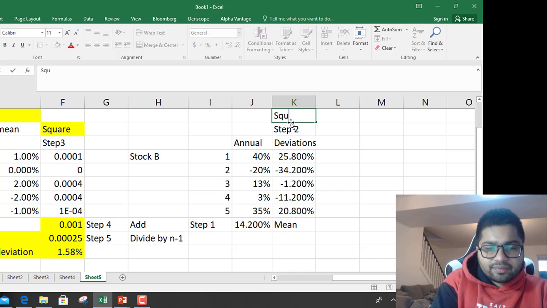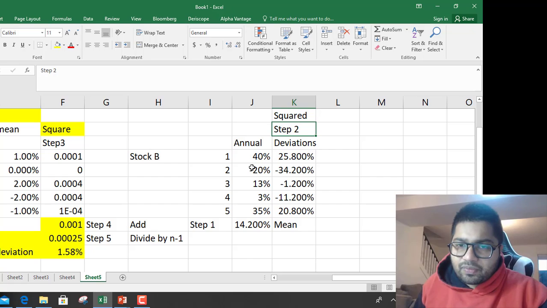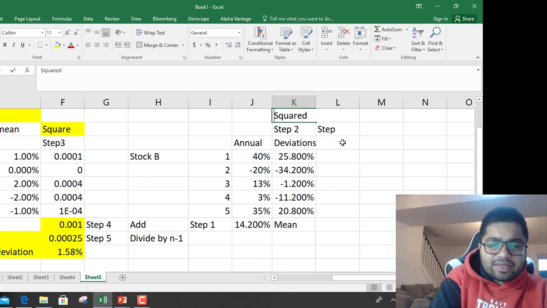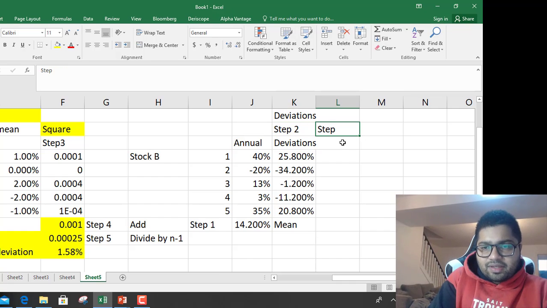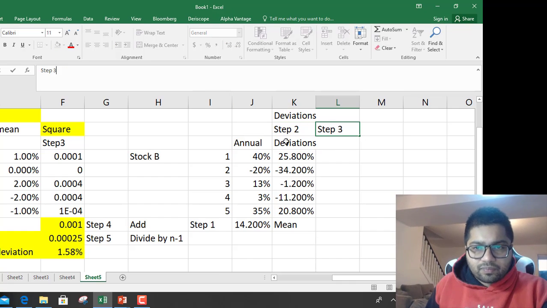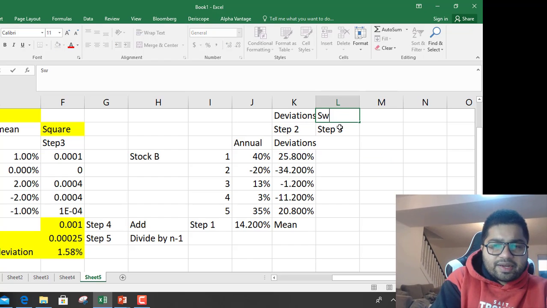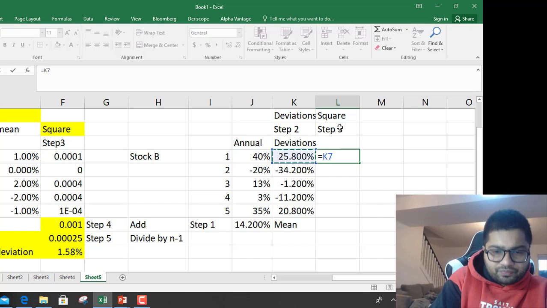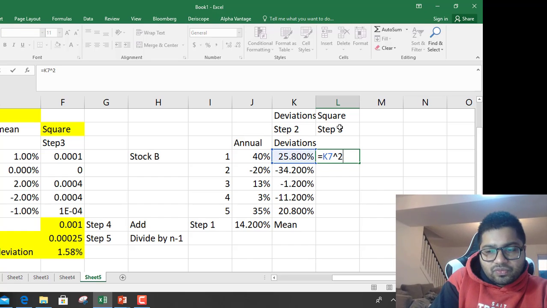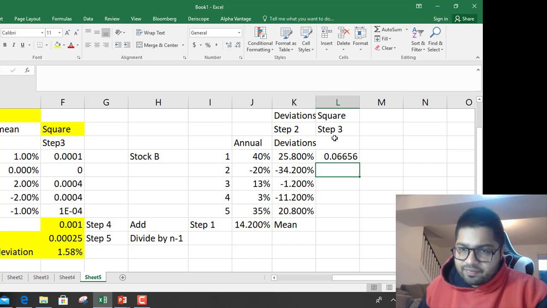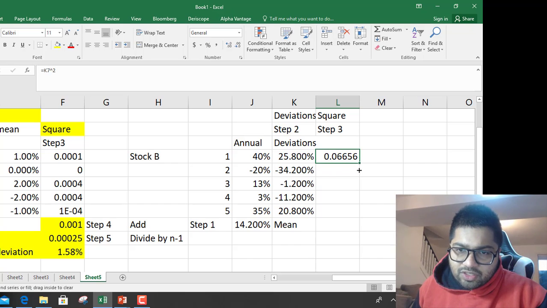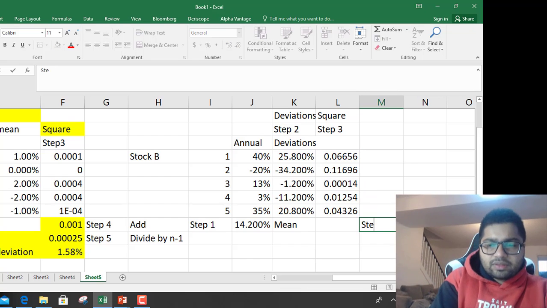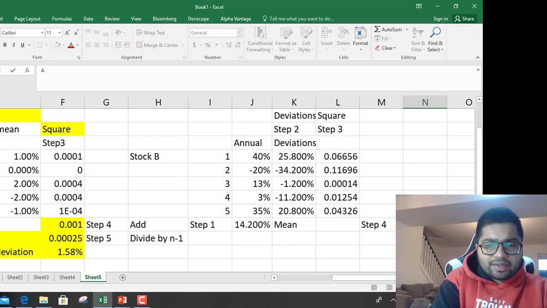We calculated deviations, not squared. Step 3, we will square it. Whatever you have got, to the power 2, that is how you square it. So these are squared deviations. Step 4, add them up.